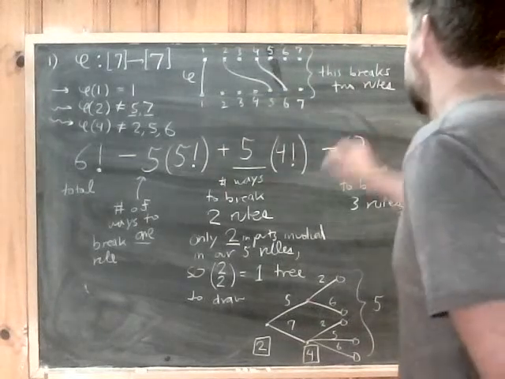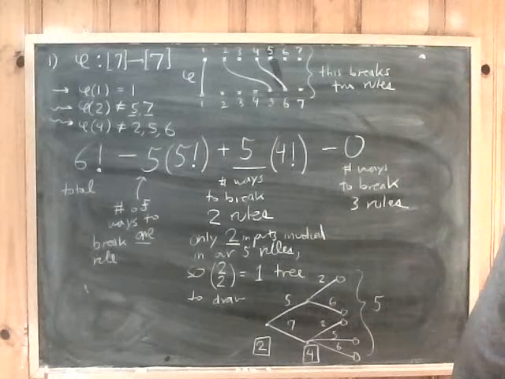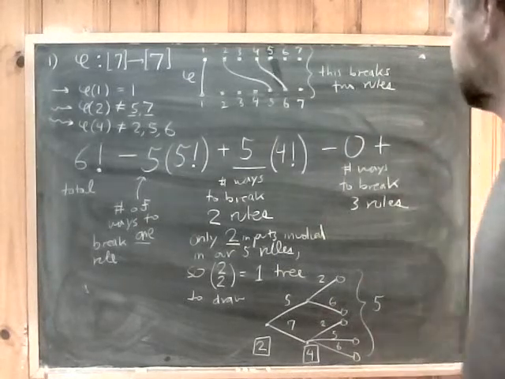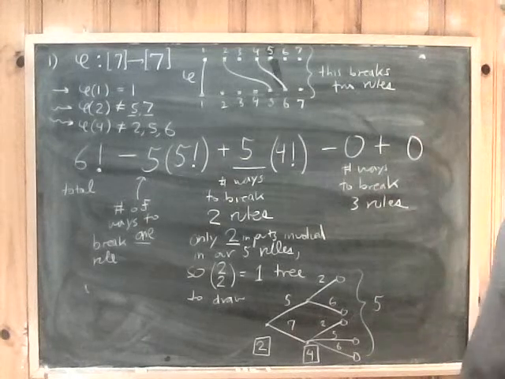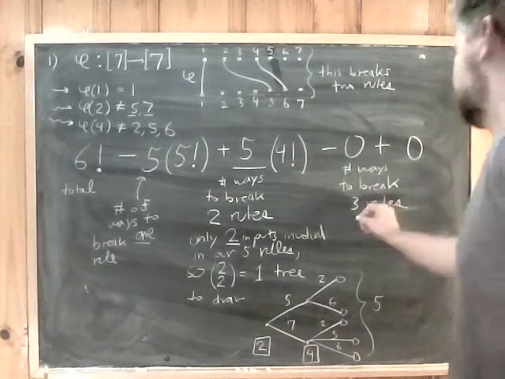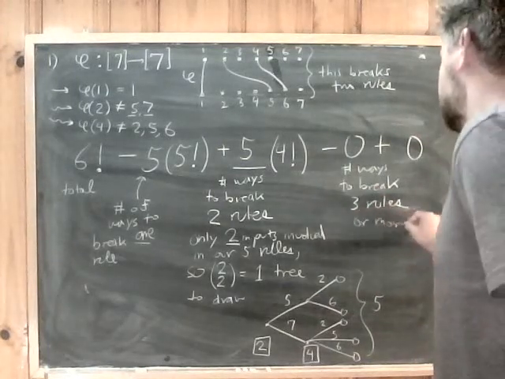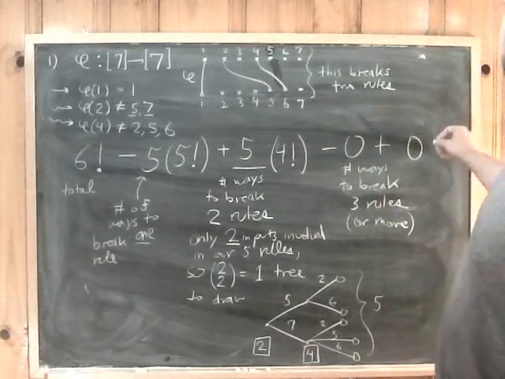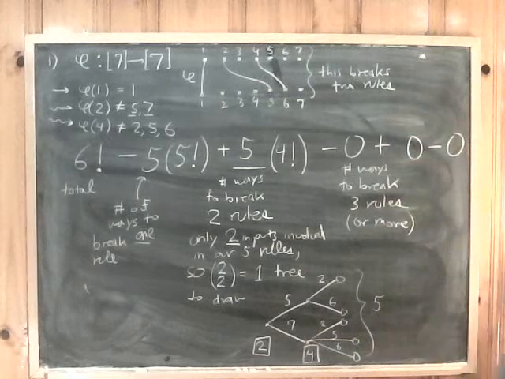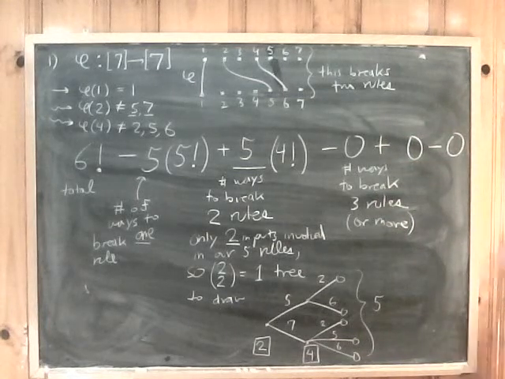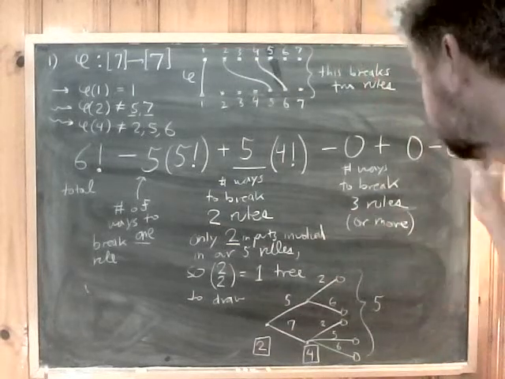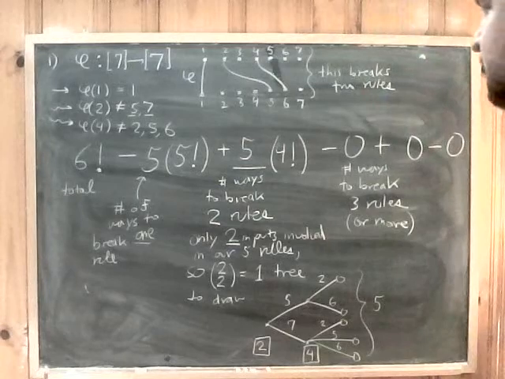So there's a 0 number of ways to break 3 rules, and number of ways to break 4 rules would be a plus. That would be the 4 rules. You know, if you can't break 3, you can't break more. And then finally 5 would be 0 as well. So I just showed those to show that those possibly could have numbers in them if it was a different kind of a problem. But in this one, they're all going to be 0.